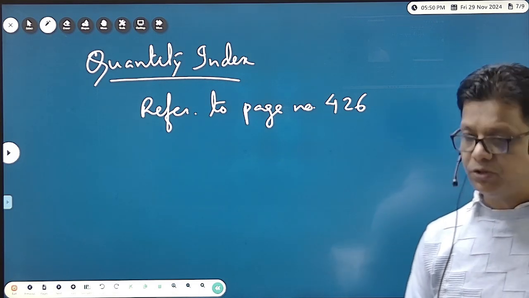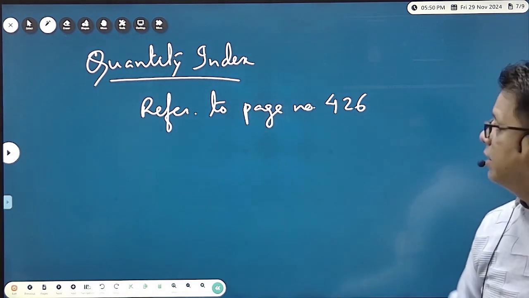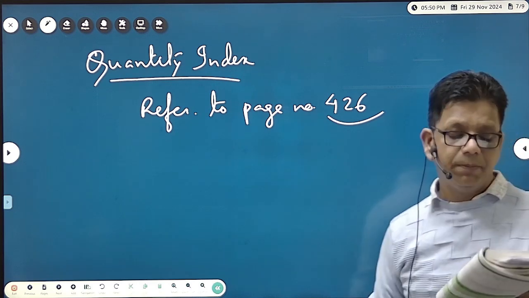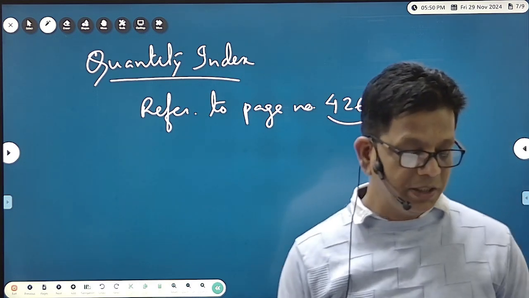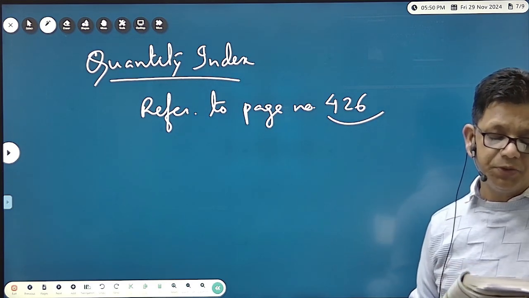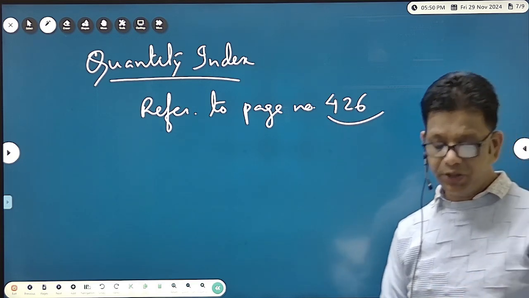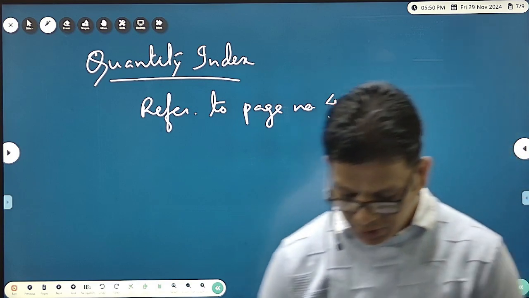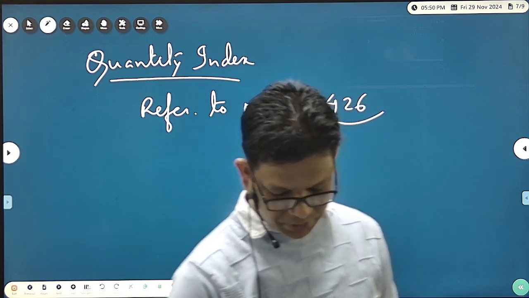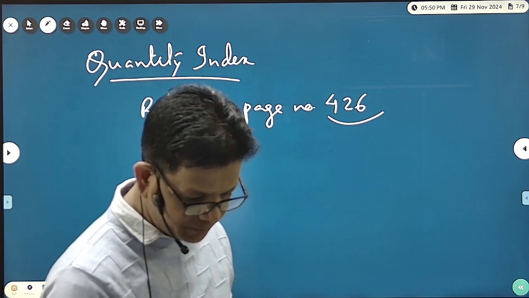Fisher's method is again the square root of L into P. Then Bowley's method, as I already told you. The difference is that here we don't have a particular method, and the rest of the things are almost similar.